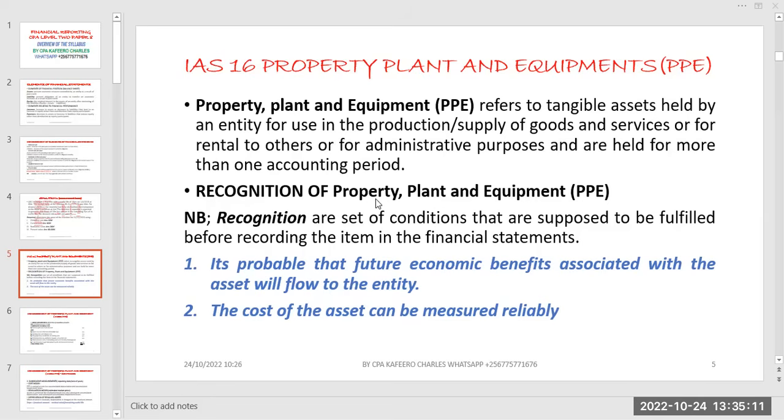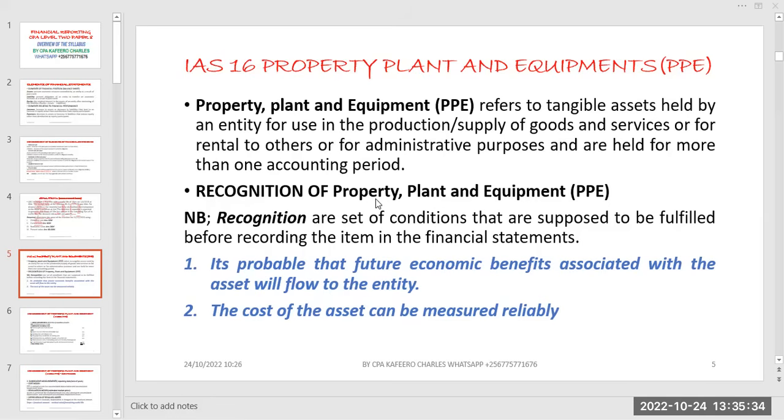Then these tangible ones, you have also to identify. Don't forget the purpose. I said the purpose and the nature of the asset are very important in determining which kind of standard you are going to use to account for that property or asset.